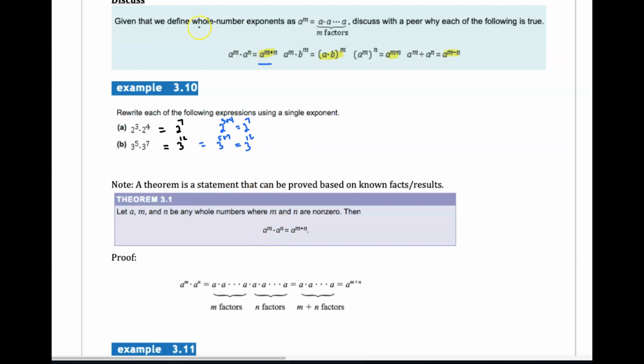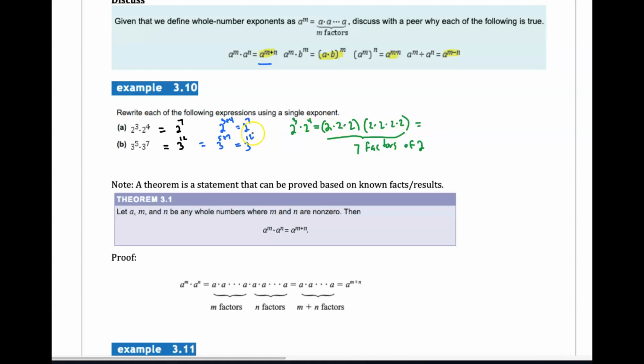Now, it's important for you as future teachers to understand that 2 to the power of 3 times 2 to the power of 4 is 2 times 2 times 2, and then times 2 times 2 times 2, 4 times. If you look here, you see there are 7 factors of 2.